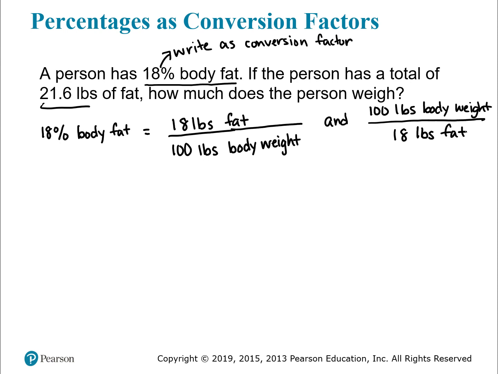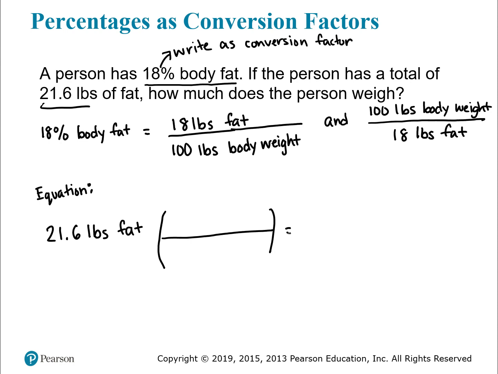Now we can actually answer the question. So here's our equation. I'm starting with 21.6 pounds of fat. I need to use one of my conversion factors to get to the person's weight.